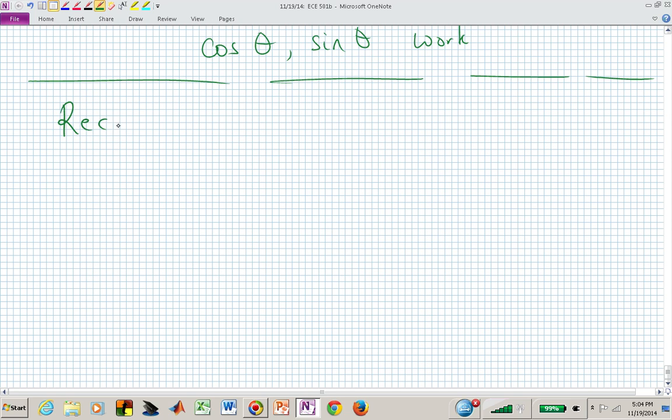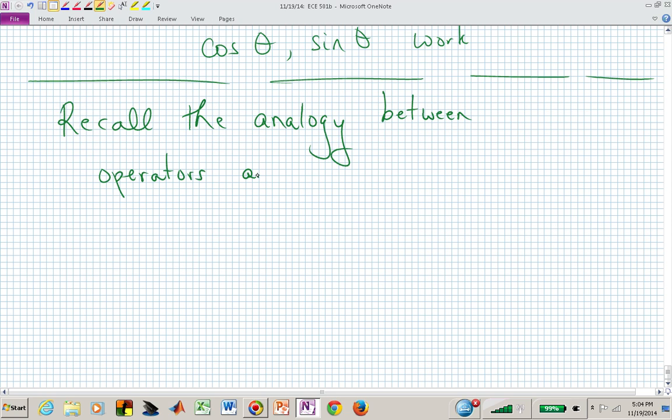We'll do that by remembering, or recall the analogy between operators and numbers.